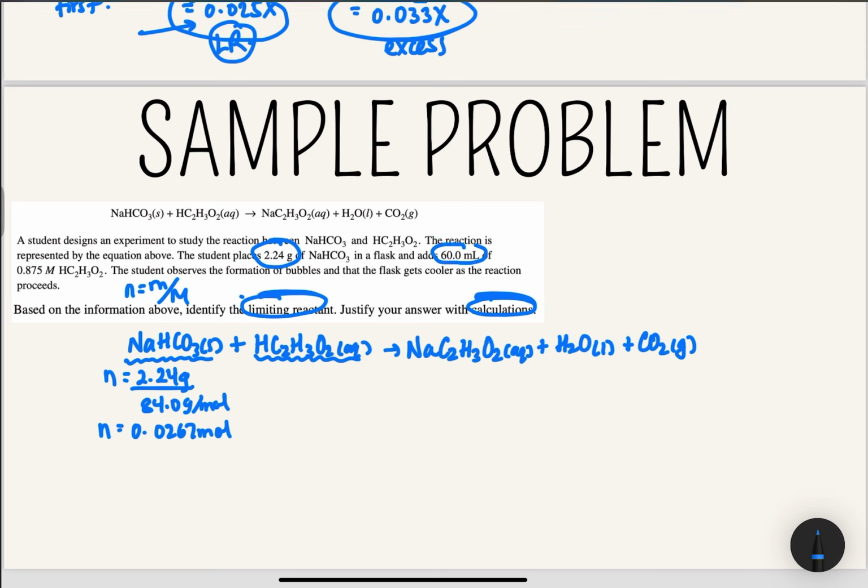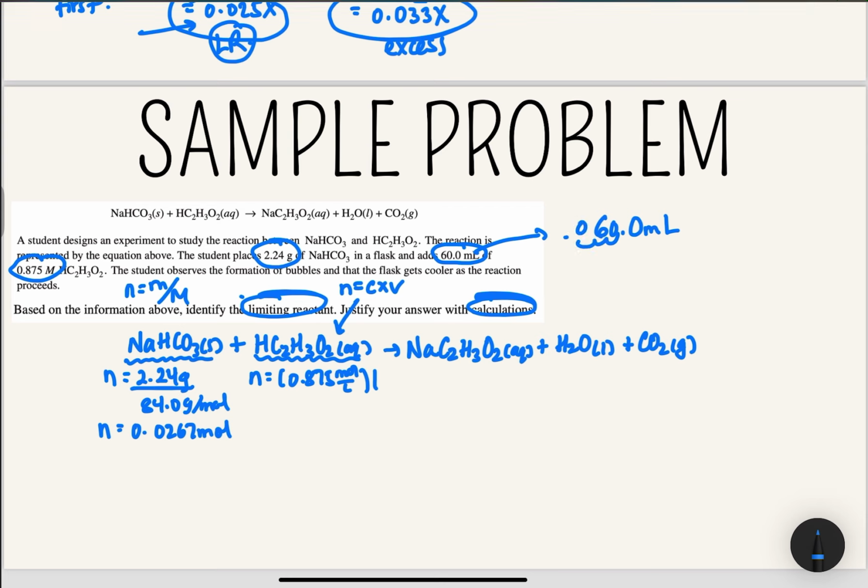And I have a volume and I have a concentration. So there's another mole formula I can use, and this is an aqueous reactant. So I know here that moles equals concentration times volume, or n equals C times V. So the concentration is 0.875 moles per liter. Now be careful. The volume here, we have to change it to liters. So 60 milliliters, if we change to liters, we move the decimal 1, 2, 3 places to the left.